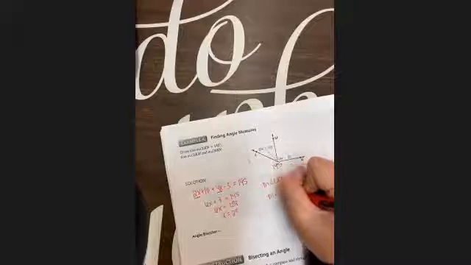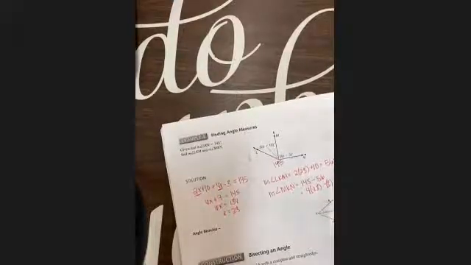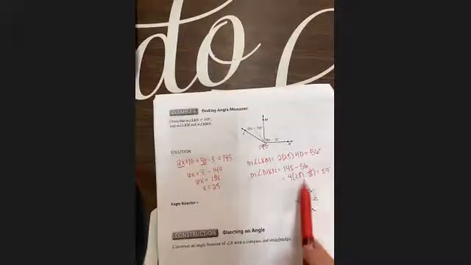Then I can figure out the measure of angle MKN because I can do 145 minus 56. Or you could plug it in as well, 4 times 23 minus 3. Oops, didn't really need parentheses there. And that would give me 89 degrees. And again, you can add those two together to make sure that you got 145 and that you did it correctly if you did it the bottom way right here.